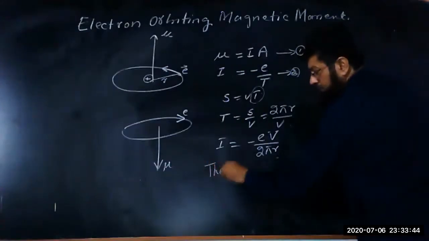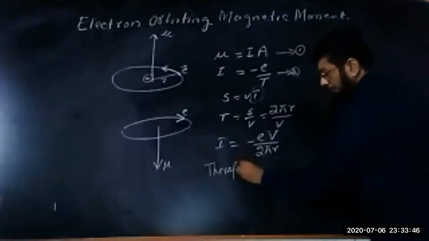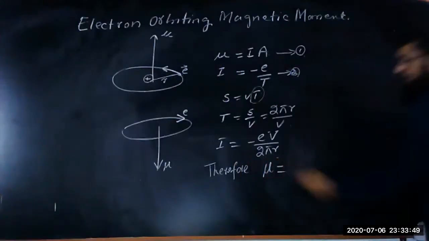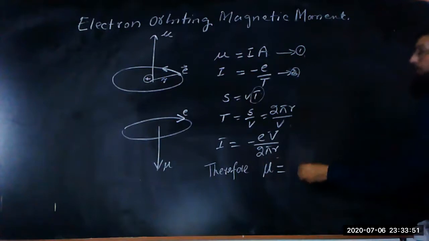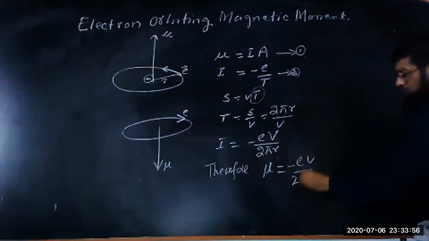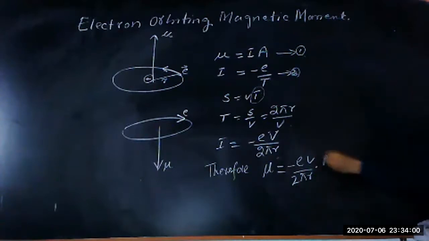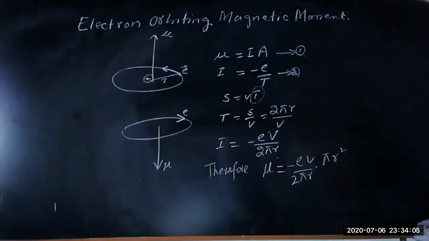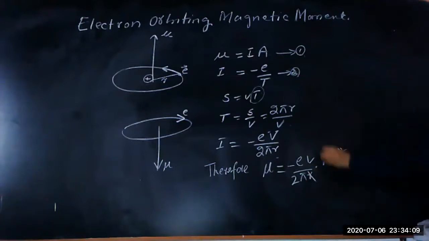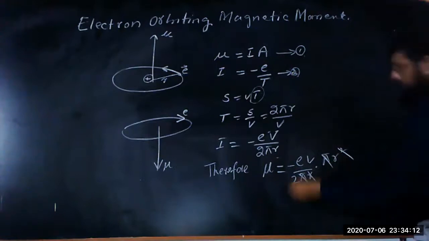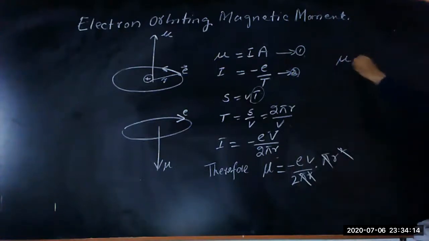The magnetic moment mu is equal to I times the area, which is E V over 2 pi r into the area, and the area is equal to pi r square. So in r square, one r is cancelled and pi is cancelled. So mu is equal to minus E V r upon 2.